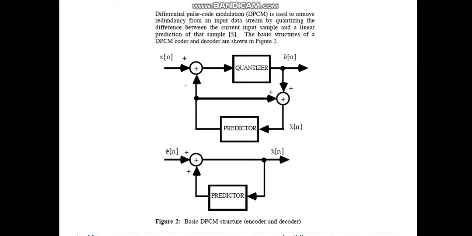So this is the basic structure for the encoder and decoder. Here, in the encoder we add a predictor before the encoding process, and also in the decoding process we add a predictor.